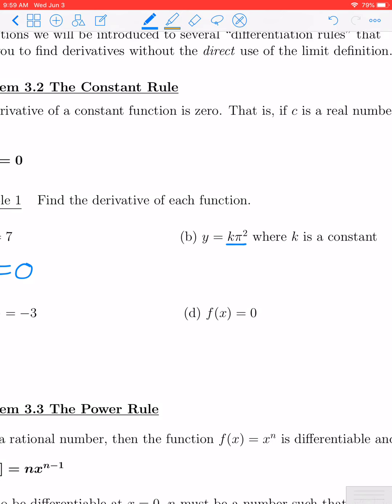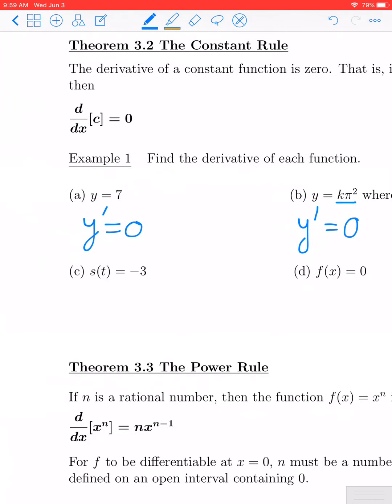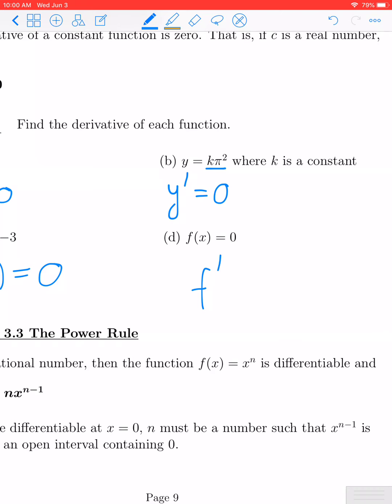So because we have y equals essentially just some number, its derivative is also going to be 0. S of t equals negative 3, that's a constant, so its derivative, s prime of t, would be equal to 0. And in part D, the derivative of a constant, even if that constant is 0, will still end up being 0.